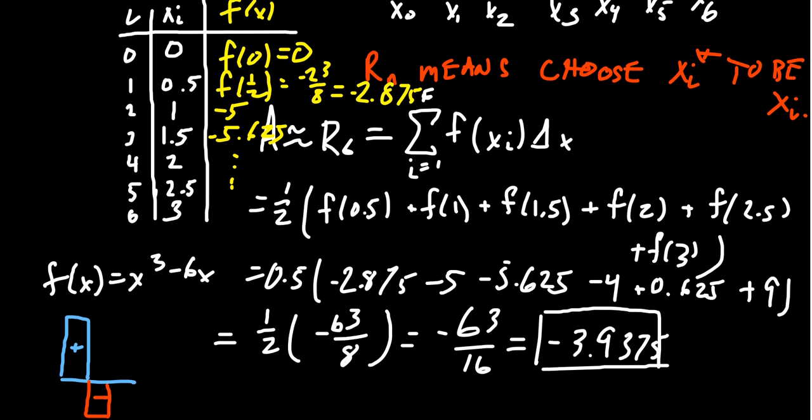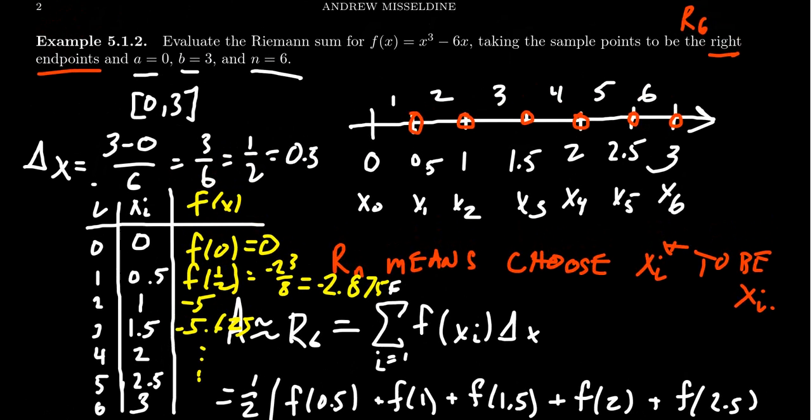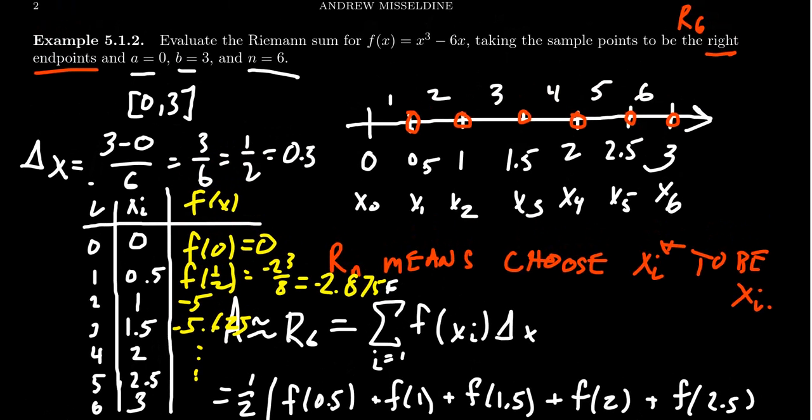And so for our function right here, if we actually look at its graph, it's going to look something like the following. Again, this isn't the best picture in the world, but it would look something like so.